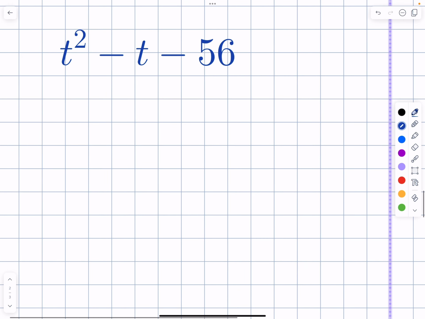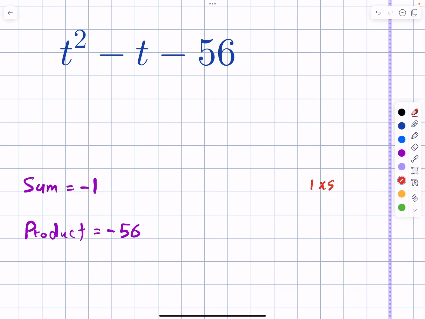The last example. Here the coefficient of t is -1 and the constant term is -56. So the two numbers sum to -1 and multiply to -56. Again, 56 can be written as 1 multiplied by 56, 2 by 28, 4 multiplied by 14, or 7 multiplied by 8.